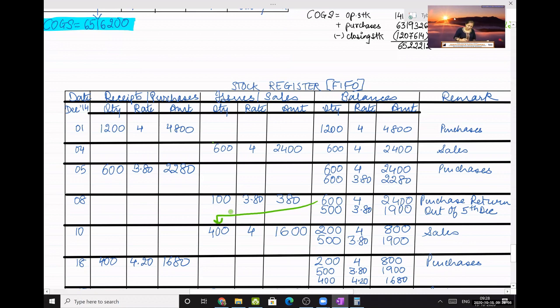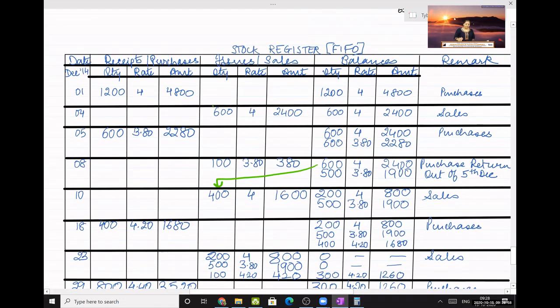First in first out, okay. Rate is 400 into 4, 1600. Balance quantity column, subtract 600 minus 400 is 200.